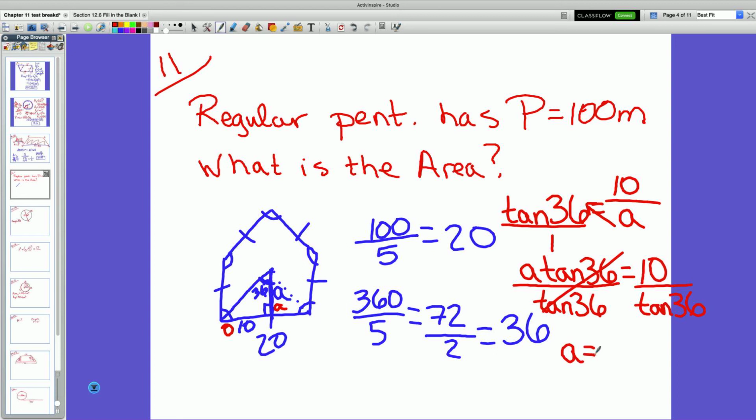Now remember, if you're doing this in your calculator, what I would do is 36 tangent. And then I would put that in your memory if you have not a great calculator. And then I would do 10 divided by that answer, which is 13.764.